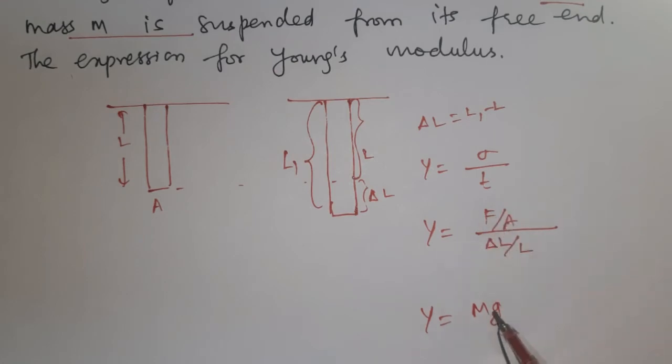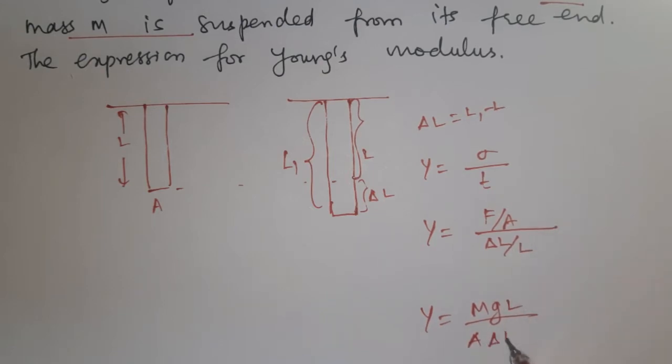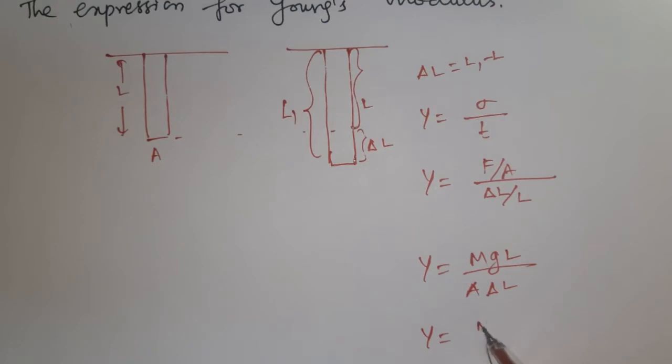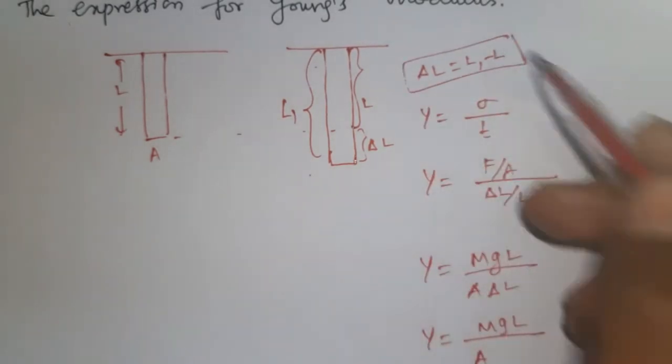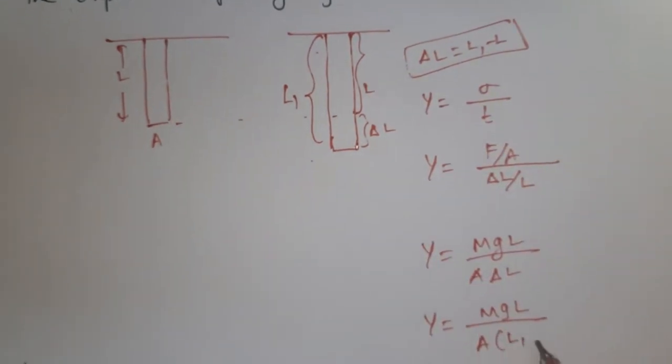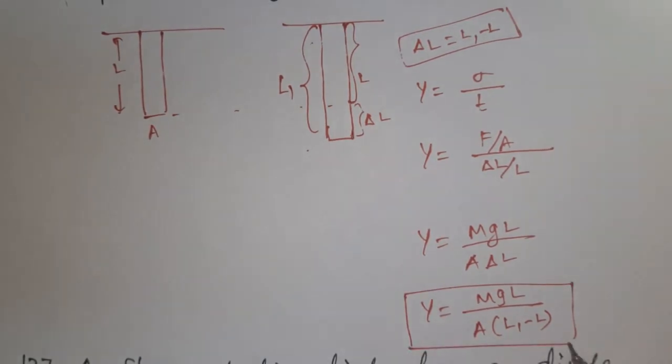F is equal to mg. This A will come to the denominator, L will go to the numerator, del L. Now Y is equal to mgL by A del L. This del L value is L1 minus L. So already we know that del L value is L1 minus L. This is the Young's modulus expression.